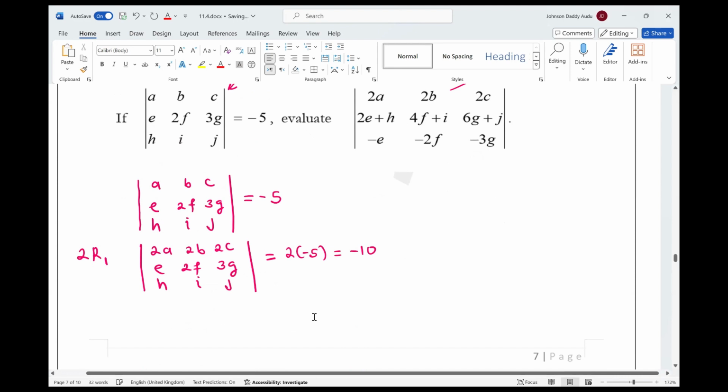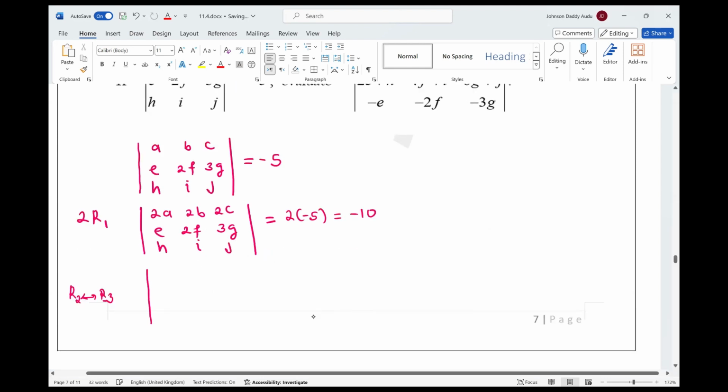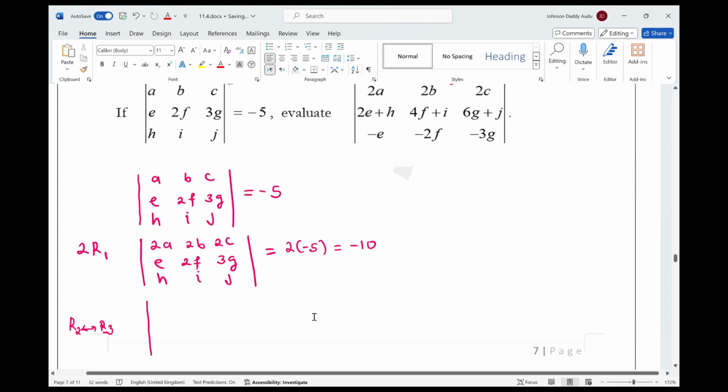So now we will do what? I want the E downstairs so I can interchange. We can perform R2 interchange R3. If we do that now, row 1 remains the same.